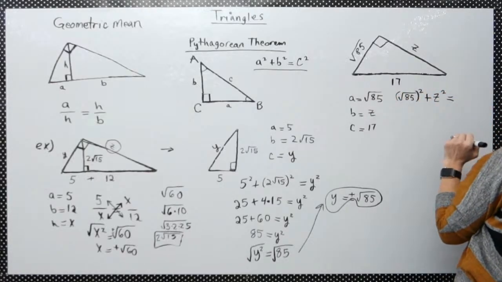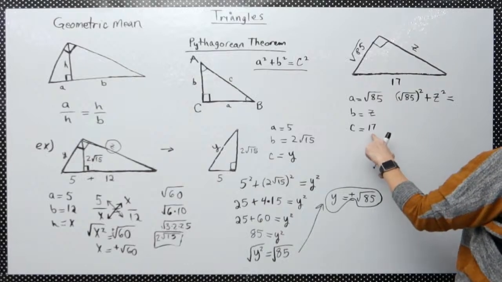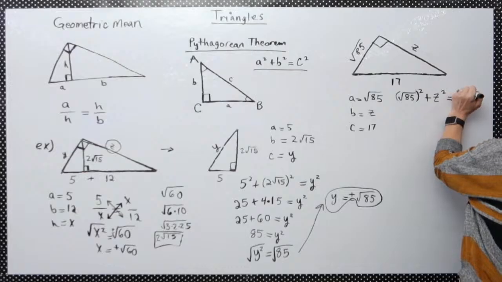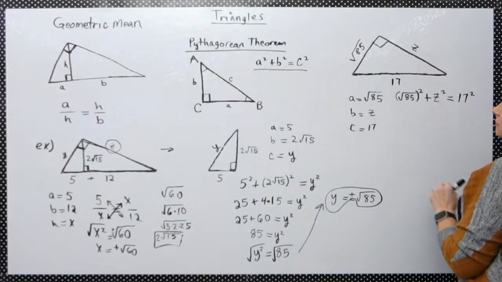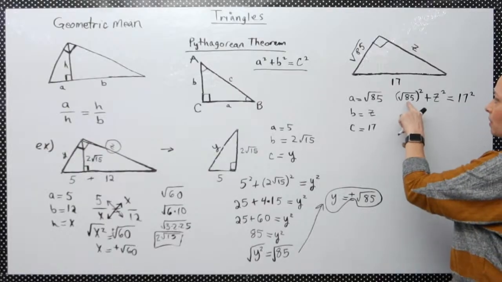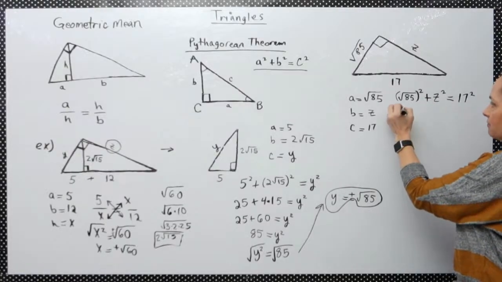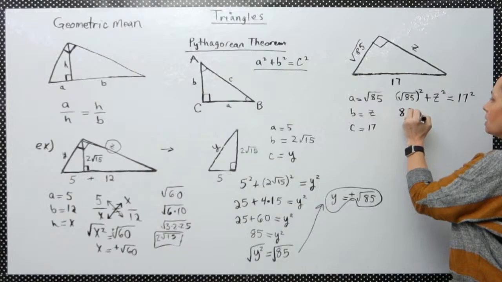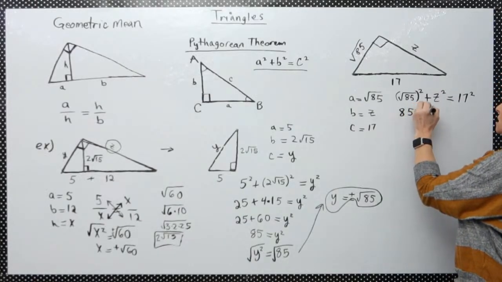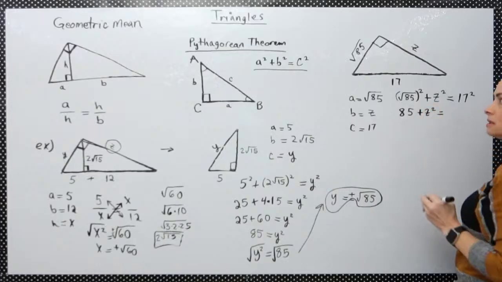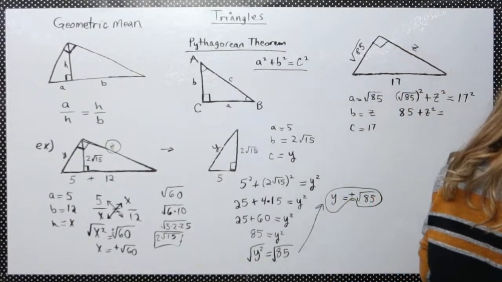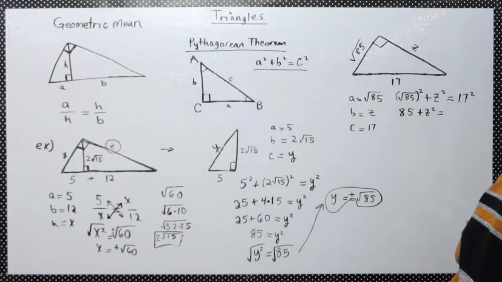And then we have 17 squared for C squared. All right, so again, when we square a square root, we're going to get 85 back. And we have plus Z squared. And then 17 squared, I don't have that memorized, so let me go ahead and figure out 17 squared.